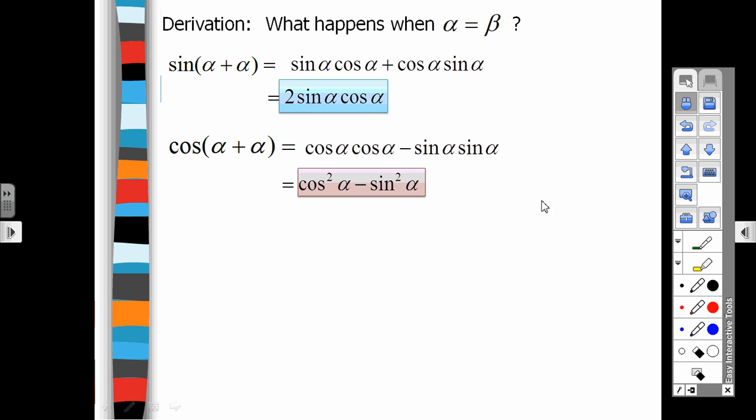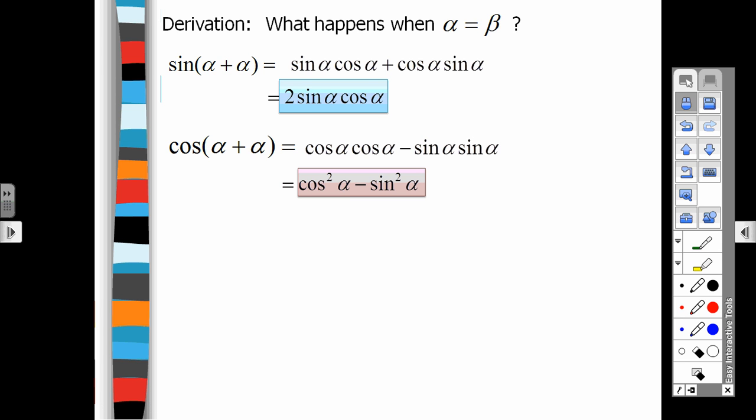The thing is, though, for cosine, they go a couple extra steps and simplify this expression into something else. So you need to be able to remember what those two other expressions are for the double angle of cosine. The first one: what if we replaced cosine squared alpha with 1 minus sine squared alpha?